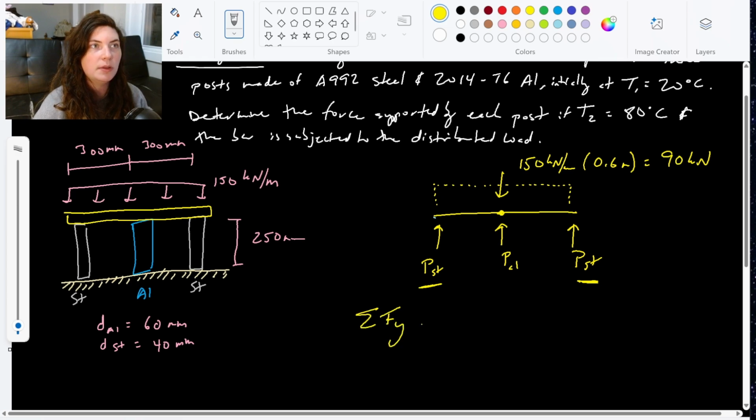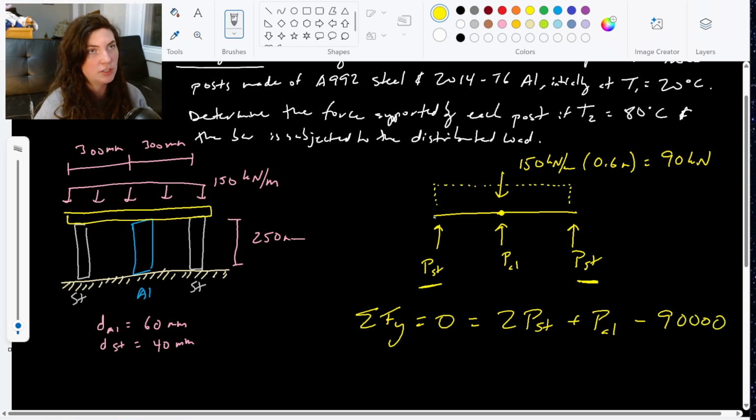If I do my summation, y equals 0, I'll get 2 times the load for the steel beams, plus whatever the load is for my aluminum beam, minus the 90 kilonewtons, which I'm going to convert to 90,000 so I don't forget to do it later, and just keep everything in uniform units.